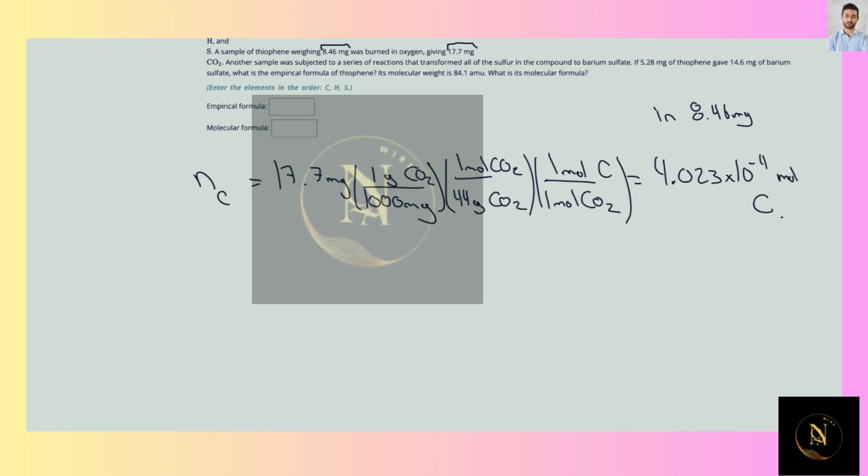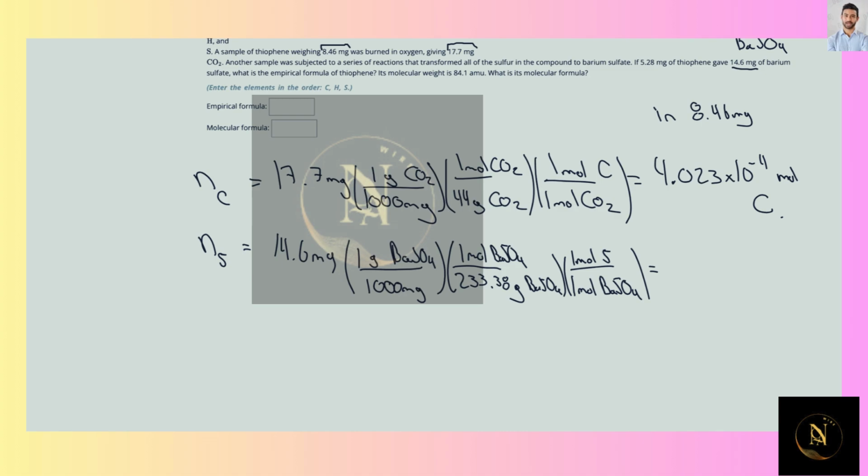mole of carbon. Now we're going to find the amount of mole of sulfur that we're going to have in this sample. We know that we're going to generate barium sulfate, which has the following formula, BaSO4. And we're going to generate 14.6 milligrams of that in a 5.28 sample. So the procedure is going to be the same.